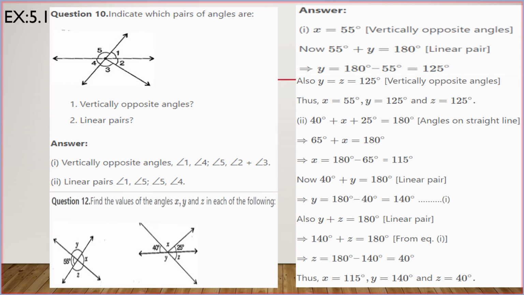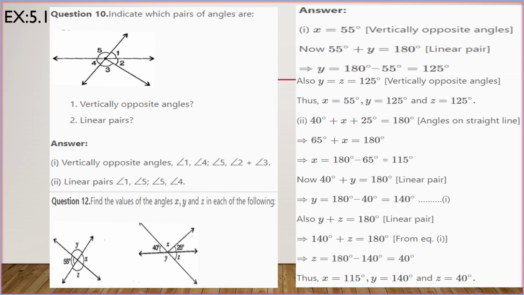Okay, in the second question, we have to find out x, y and z. From that, we can see a line. You know that on a line, all the angle sum should be equal to 180. You know that straight angle is equal to 180. Therefore, 40 plus x plus 25 is equal to 180, angle on a straight line.